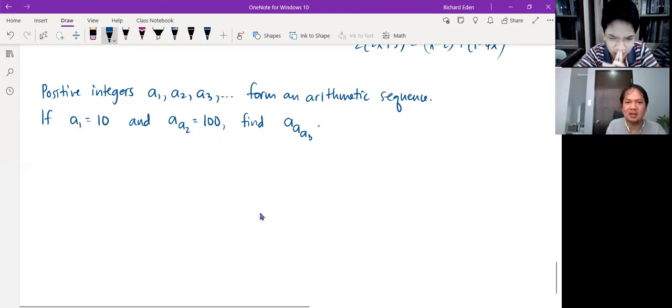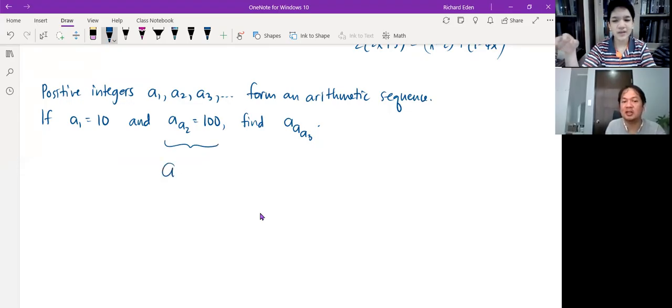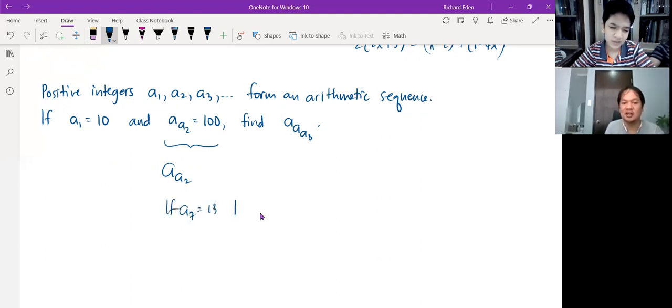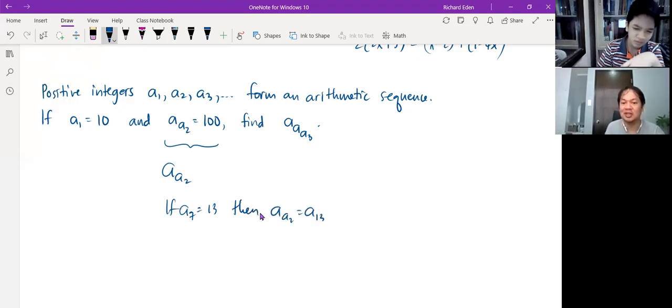It's actually interesting. For example, itong a sub 2. Do you understand what that is? It means it is the A sub 2 term. Yeah, right. Kunwari, if a sub 2 equals 13, then a sub 2 is a sub 13.